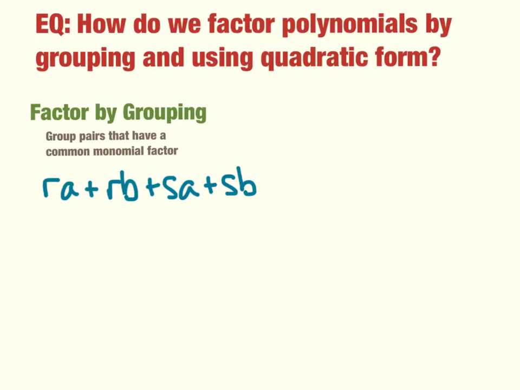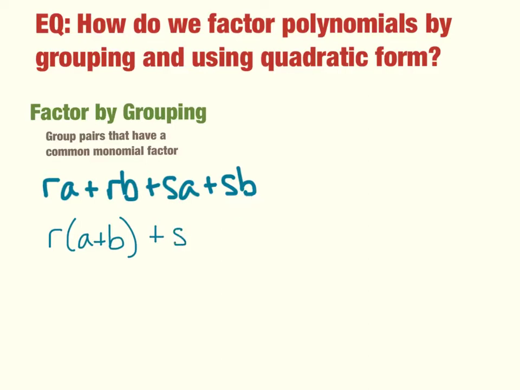Alright, so here we see RA and RB. So A and B have R in common. So I can say that RA plus RB is the same thing as R times A plus B. Now, that is added to these two, which are both being multiplied by S, so I can factor an S out of them.